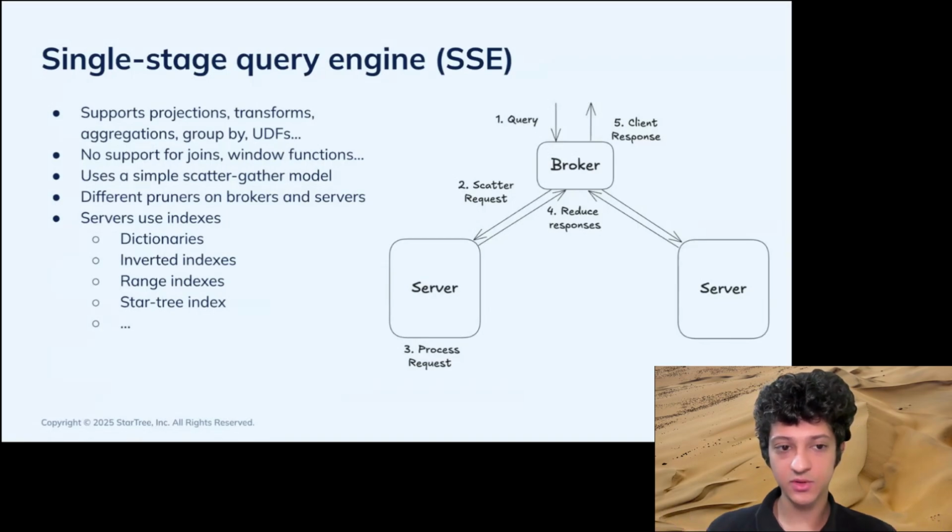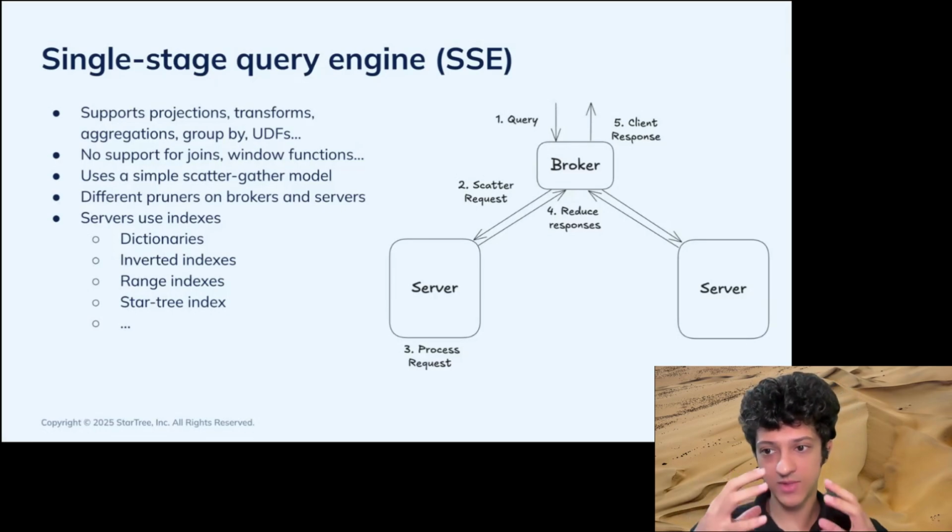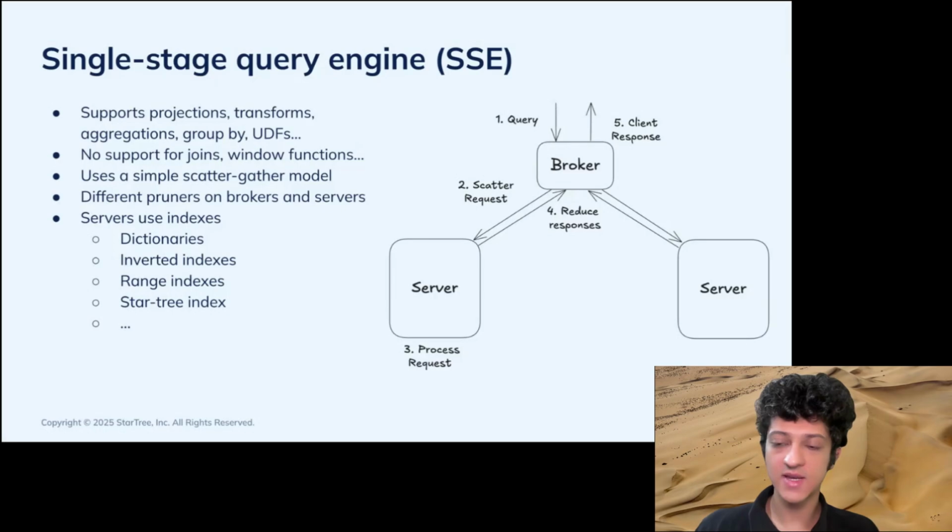The reason for that is that it uses a simple scatter gather execution model for the queries, wherein the broker receives a query and scatters requests out to the servers that it computes as part of its query plan. The servers do the actual processing of the request by running a bunch of compute on the segments assigned to them and return the response back to the broker, which gathers all these responses from the servers that it scattered the request to, before sending back a final response to the client.